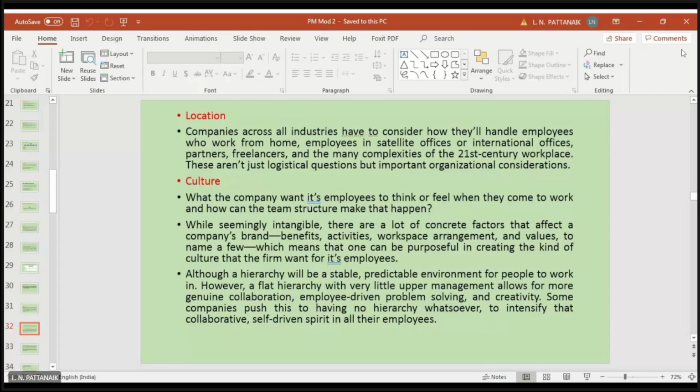So according to that, how to design or frame your organizational structure so that you can get the best out of them. If you apply the same rule for all the people who are from different cultures, then it can become counterproductive for some also. So that is the point. That is the factor here.